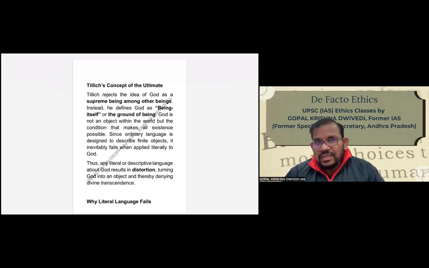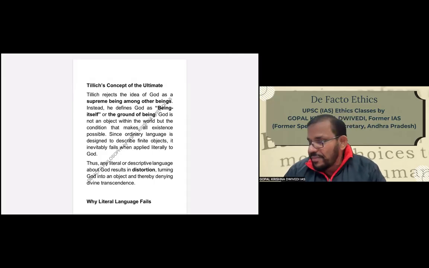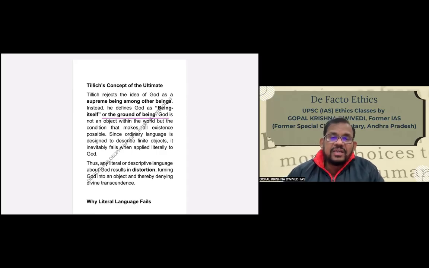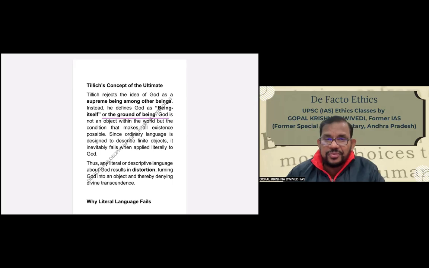Now, we will go into his concept in a little more detail. He rejects the idea of God as a supreme being among other beings. Instead, he defines God as being itself, or the ground of being. For him, God is not an object within this world, but the condition that makes all existence possible. Since ordinary language is designed to describe finite objects, it inevitably fails when applied literally to God.